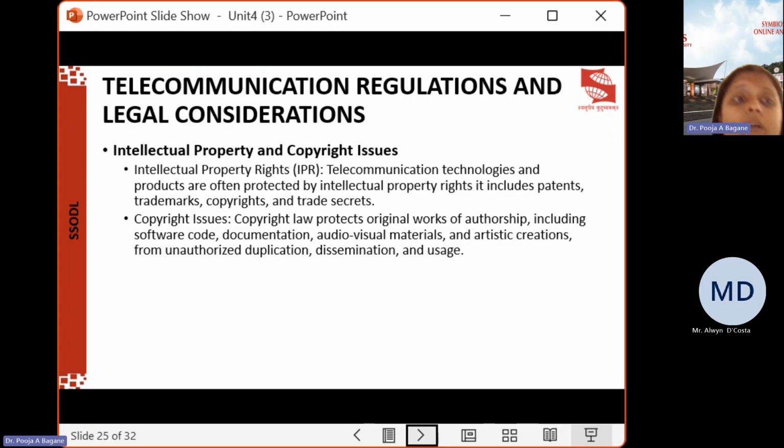So the next is intellectual property and copyright issues. Telecommunication technologies and products are often protected by intellectual property rights, which include patents, trademarks, copyrights, and trade secrets. So IPR provides legal protection for the inventions, designs, software code, and brand identities used in telecommunication products or services.